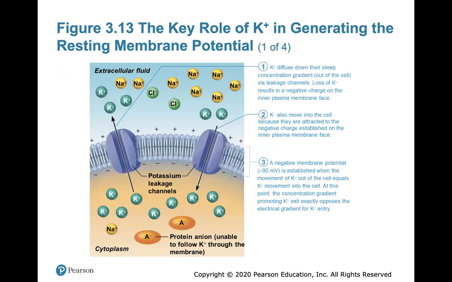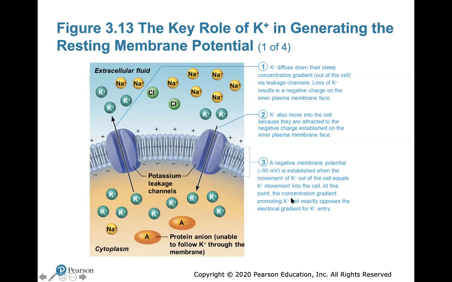This just shows how potassium will diffuse down its steep concentration gradient. Potassium will move into the cell because it is attracted to the negatively charged inner membrane, and a negative membrane potential of about -90 is established when the movement of potassium out of the cell equals the movement of potassium into the cell.